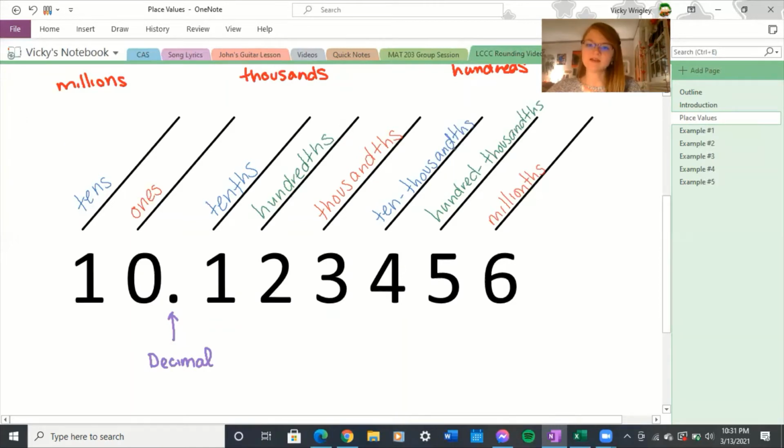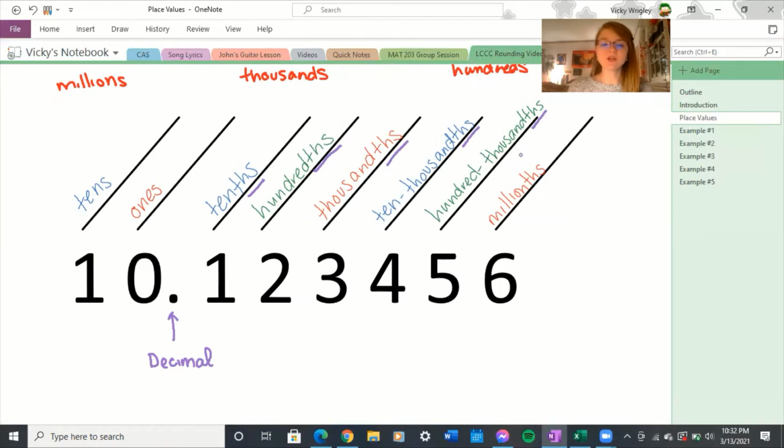Thousandths, ten-thousandths, hundred-thousandths, millionths, and so on and so forth. The unit of every place value after the decimal has a "ths" on the end. That's how you know whether it's talking about a decimal place value or a whole number place value.